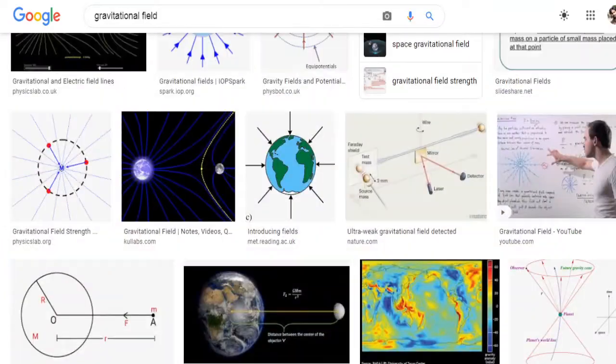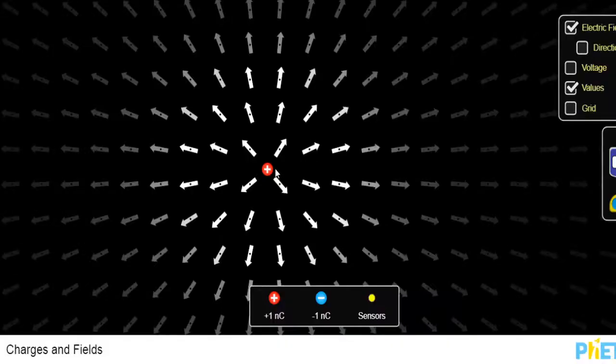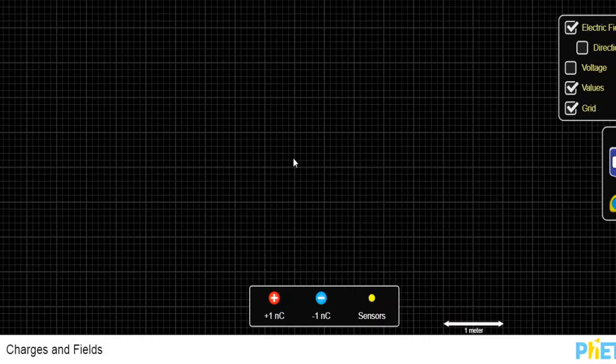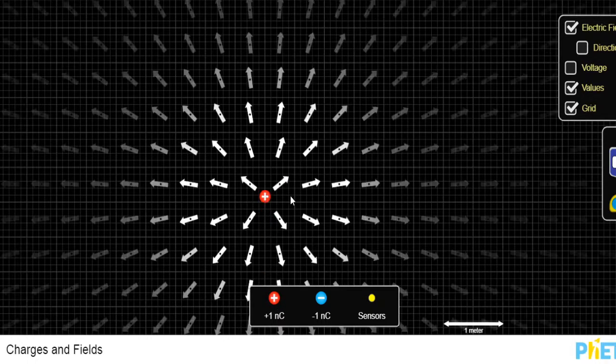So in our case, if we put a charge into a space, suppose this is the space where we will consider the electric field, and take a positive charge here, this positive charge will have an effect around it.